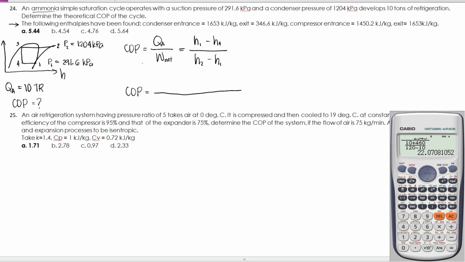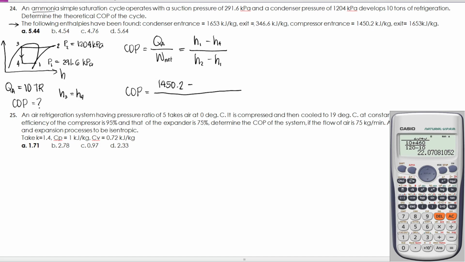So point 1 is entrance kay compressor. So H1 is compressor entrance of 1450.2. Minus H4. Kagaya ng sinabi ko kanina, ang process 3 to 4 is isenthalpic, kaya ang H3 ay equal sa H4. So yung H4 na kailangan natin, makukuha natin galing kay H3, at ang point 3 ay exit galing kay condenser.